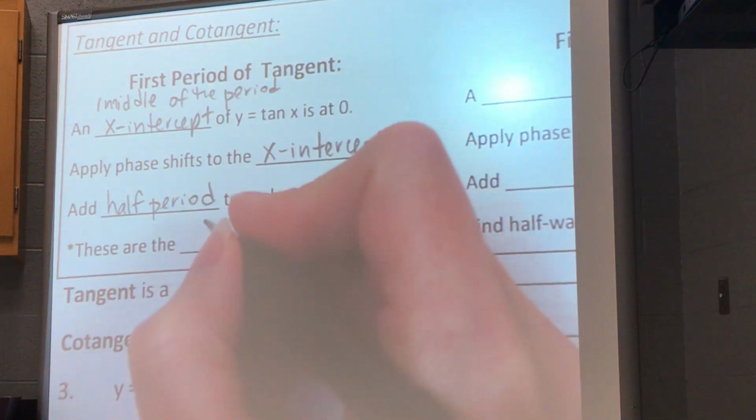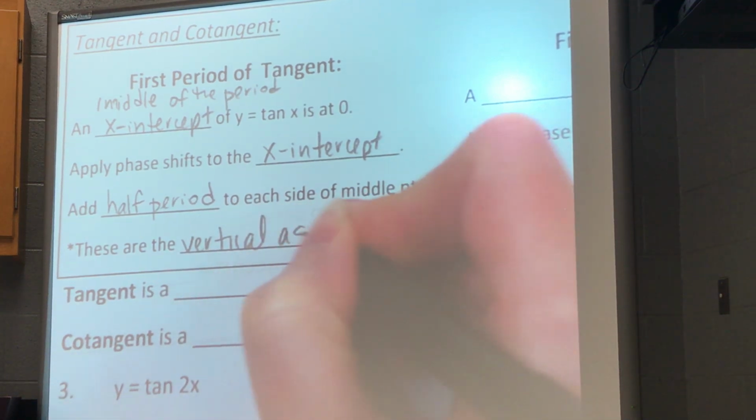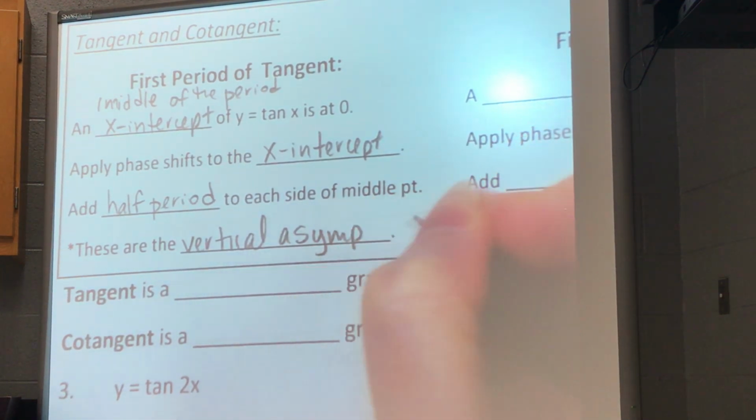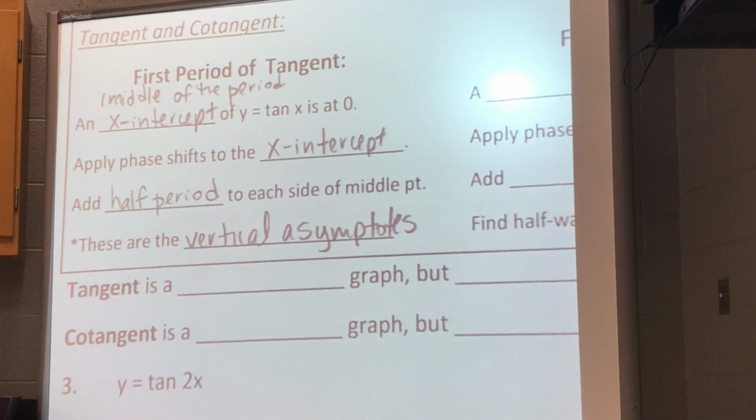And these starting and end points are vertical asymptotes. Okay, so tangent is the weird one. It's just a little different than the rest.